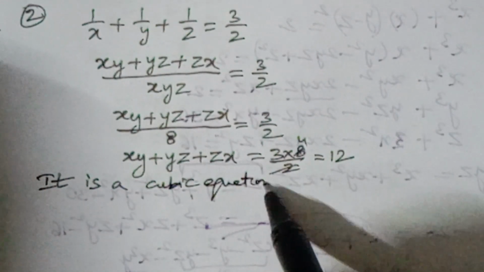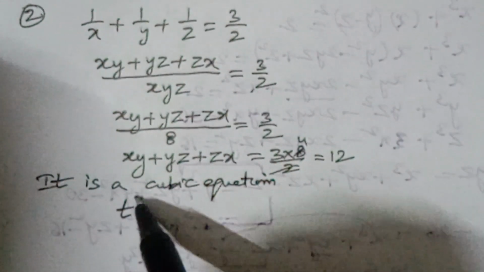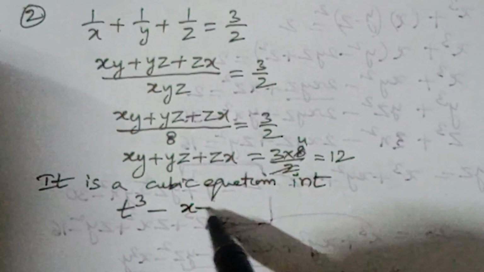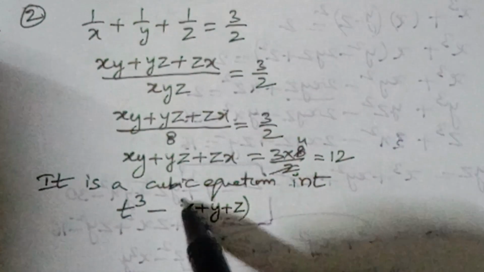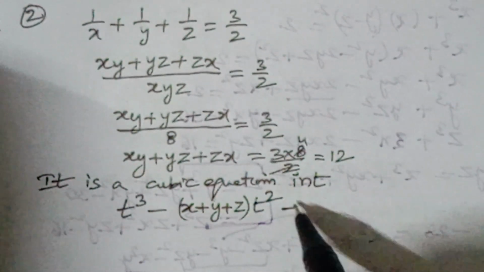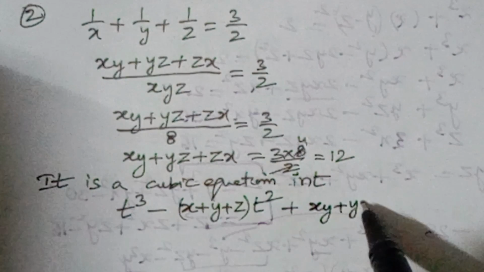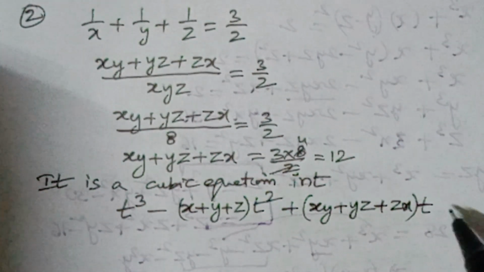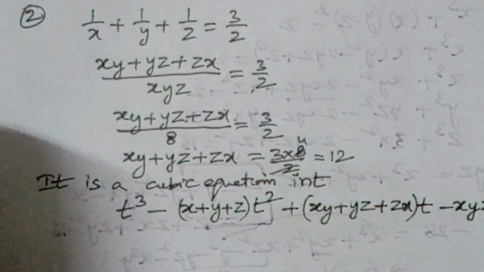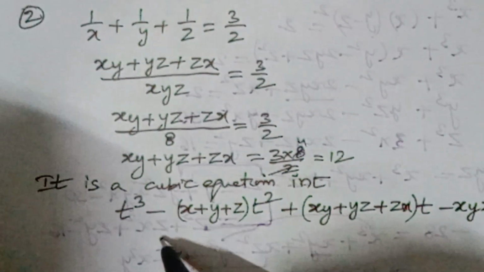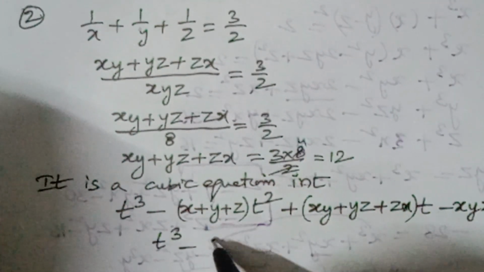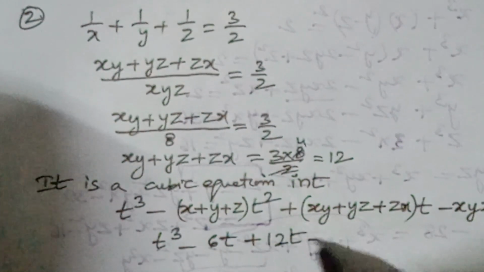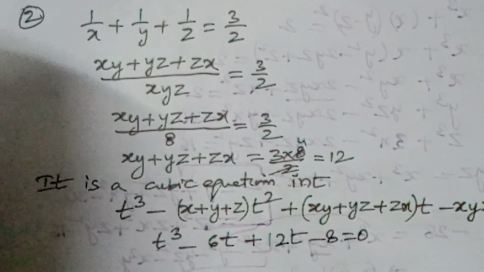Let us take it in t: t³ - (x + y + z)t² + (xy + yz + zx)t - xyz = 0. So t³ - 6t² + 12t - 8 = 0.